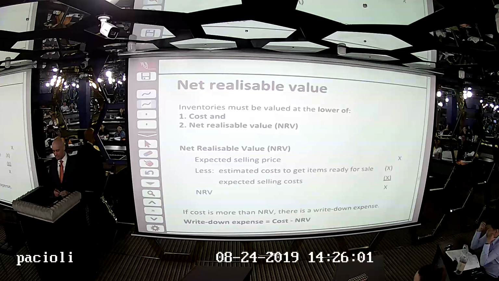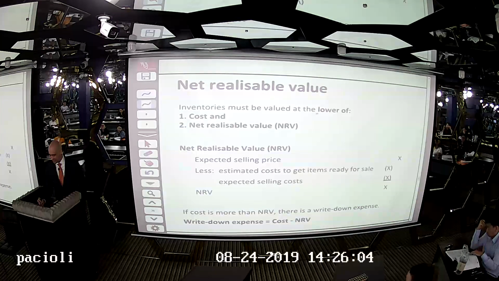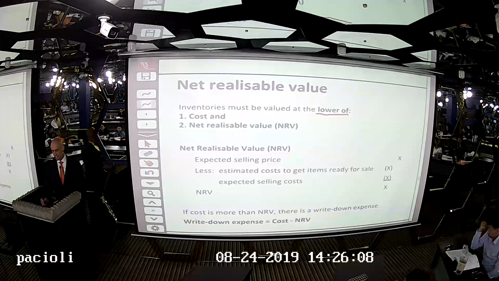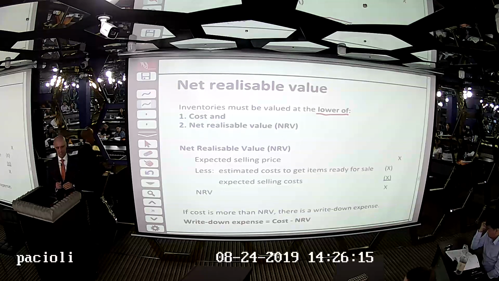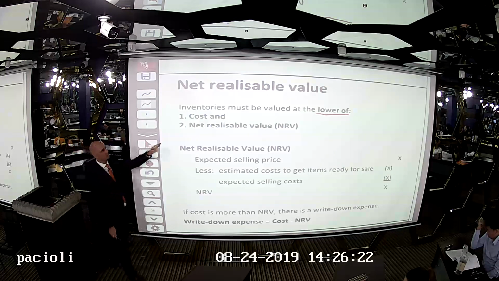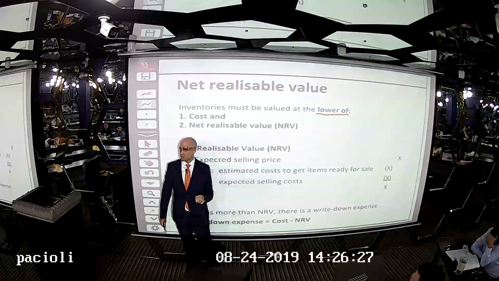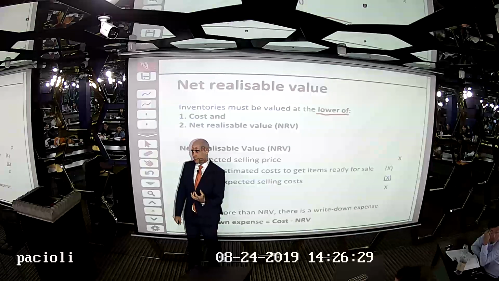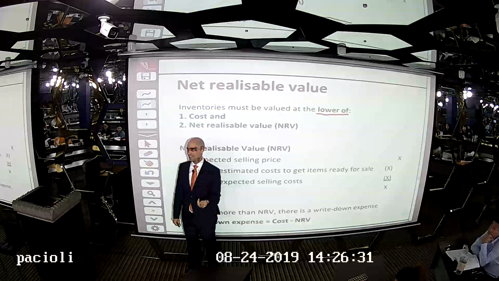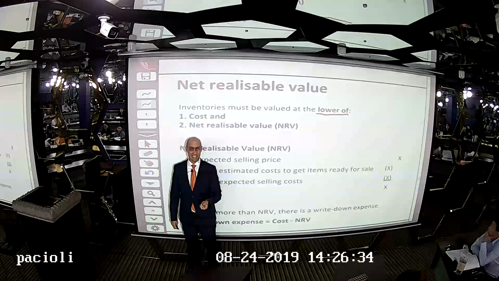So the rule here is inventory must be valued at the lower of cost and net realizable value. Which one is smaller? If cost is smaller, keep it at cost. If net realizable value is smaller, then you have a write-down. Net realizable value is kind of a weird phrase, but the meaning is how much money you can get from selling the asset.